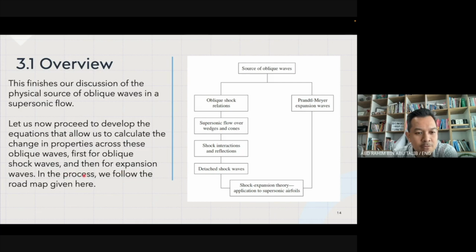The roadmap is given here, where we have already looked at the source of oblique waves. We will look at oblique shock relations, supersonic flow over wedges and cones, then shock interaction and reflection and detached shock wave. At the same time, we are going to look at the Prandtl-Meyer expansion wave before we conclude with shock expansion theory, application to supersonic airfoil.